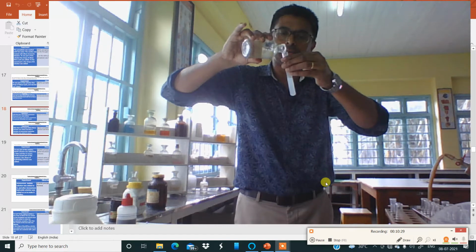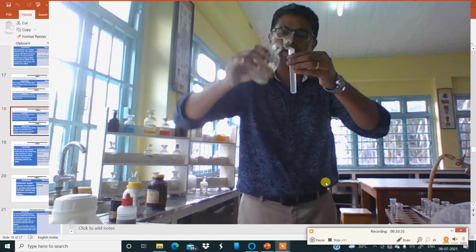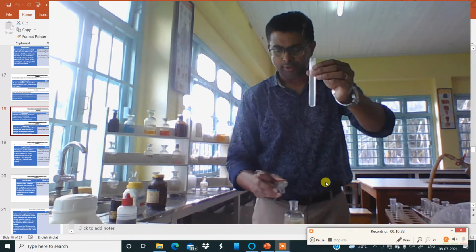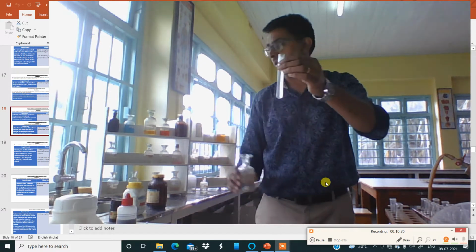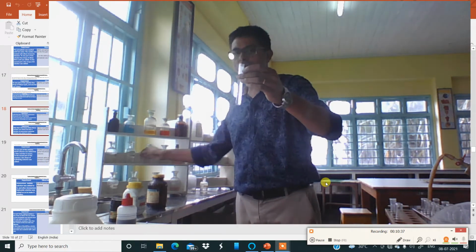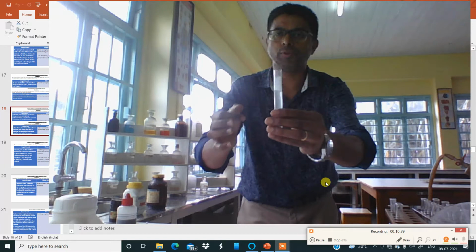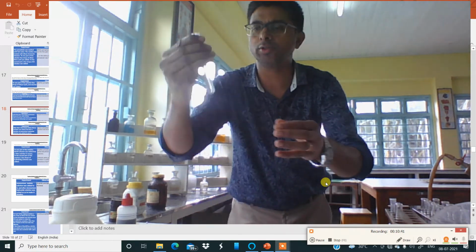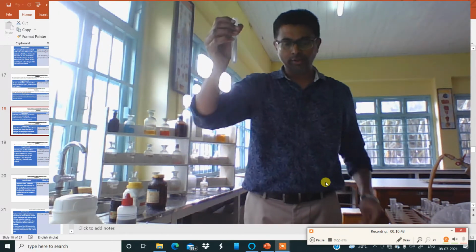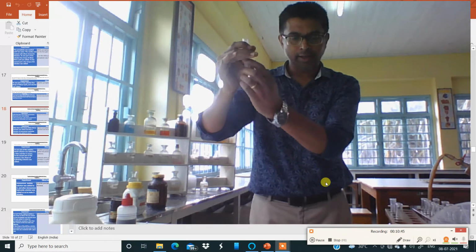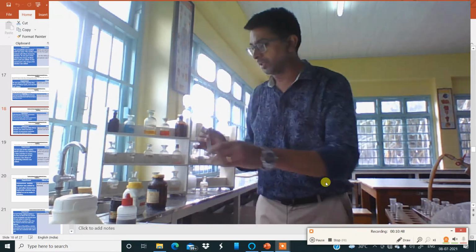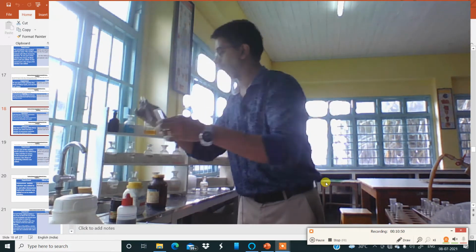If I add HCl sufficiently, it will dissolve. The floating precipitate which is formed gets dissolved. So it has dissolved. I can see some fumes coming out. Now after dissolving it, I will transfer a little bit of this into another test tube.